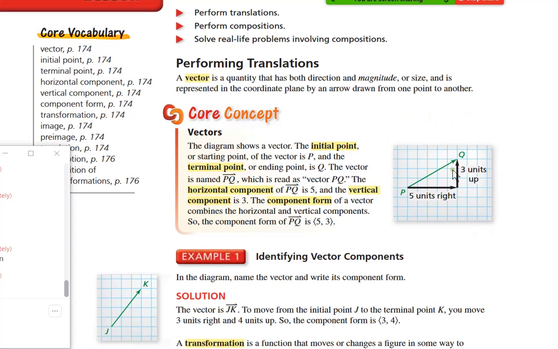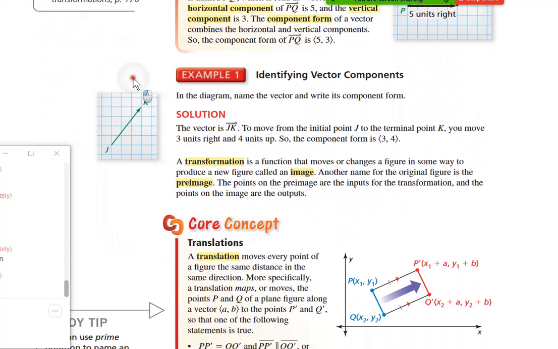It's easy to talk about these numbers because they're right on the graph. Like this vector here, that's 3 in the positive x direction and 4 in the positive y direction. We'd write it 3, 4.